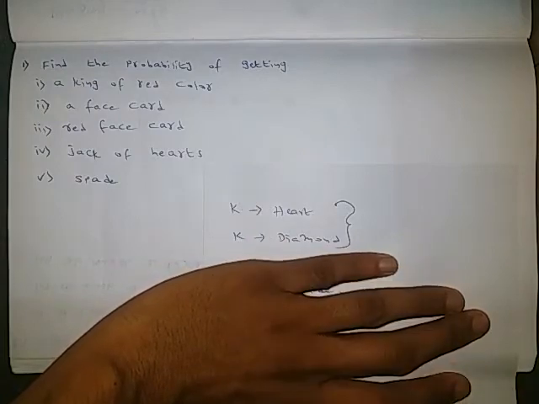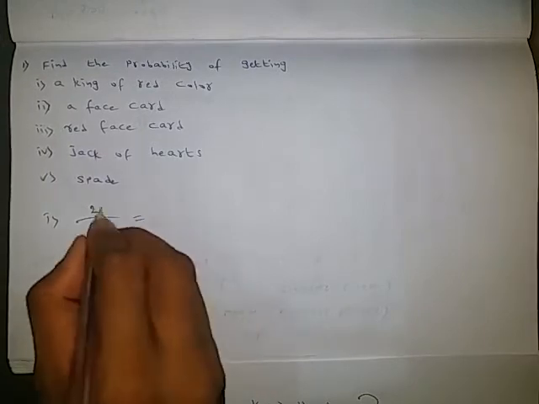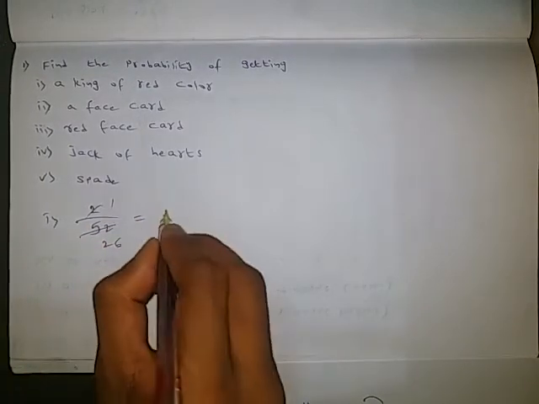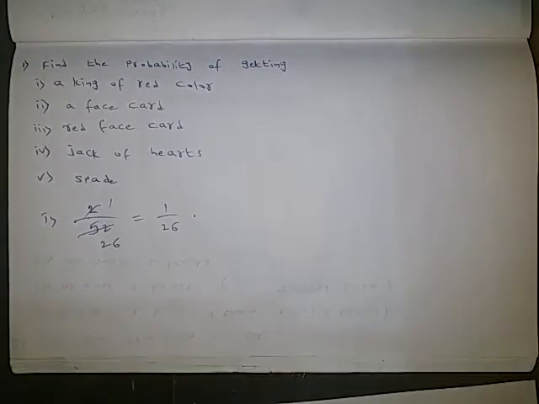So 2 divided by total how many cards are there? 52 cards. 2 ones are 2, 2 twenty-sixes are 52. So the answer is 1 by 26.